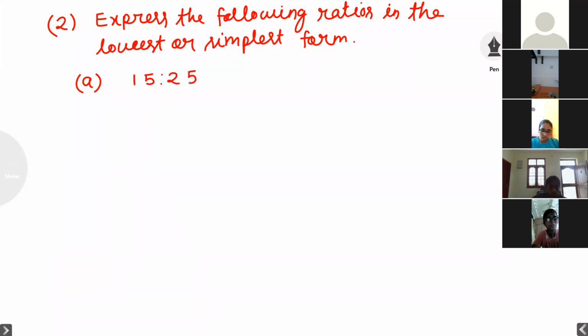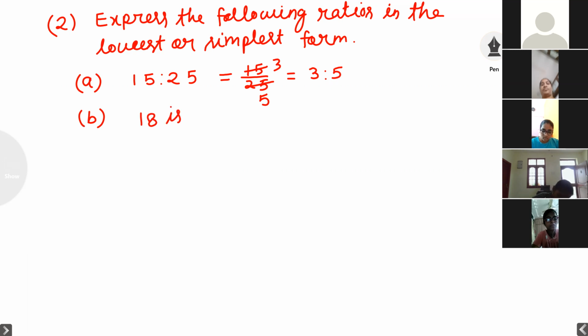I want to write it in the lowest or simplest form. Firstly, I will write the ratio in fraction form: 15/25. 5 3s are 15, 5 5s are 25. So 3:5. B question: 18:20.